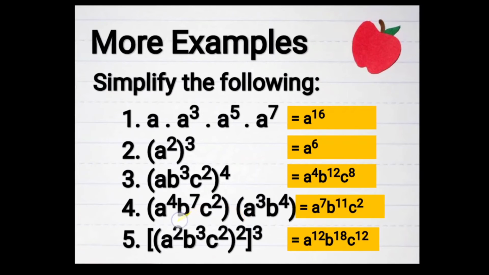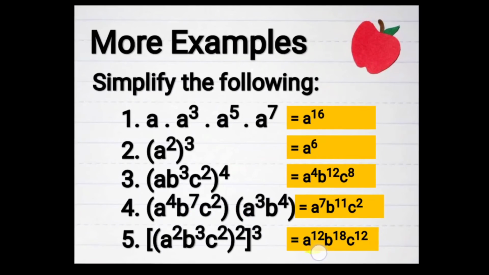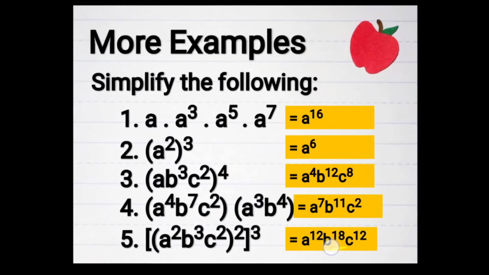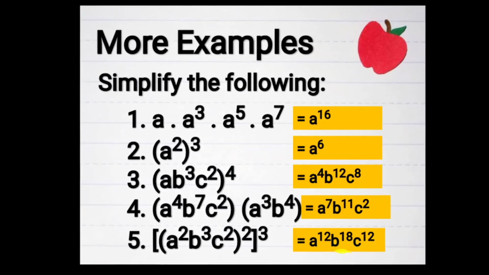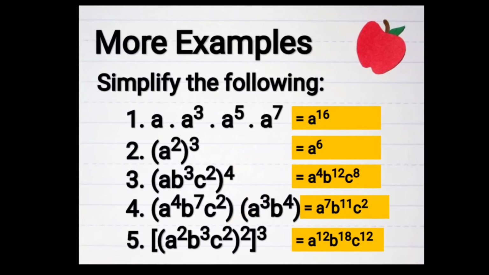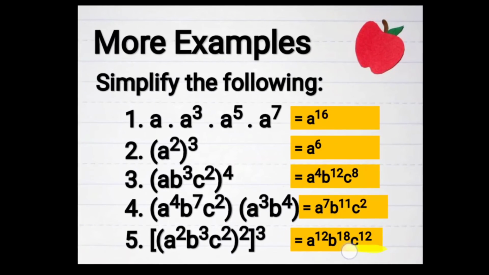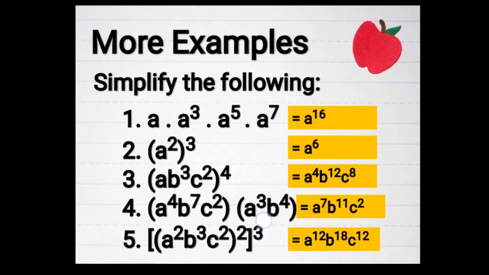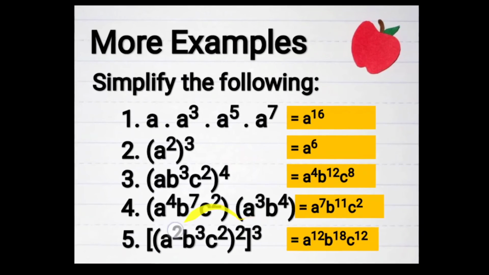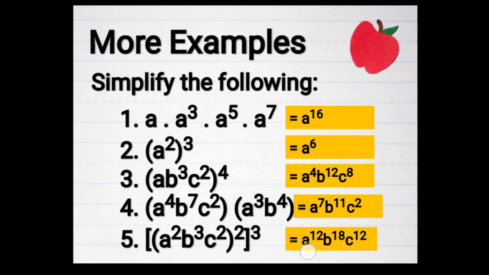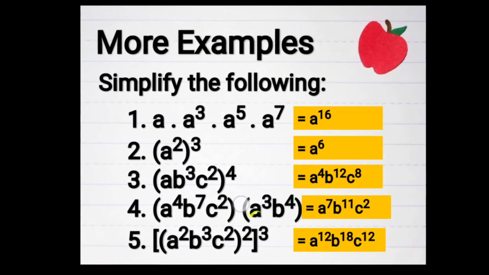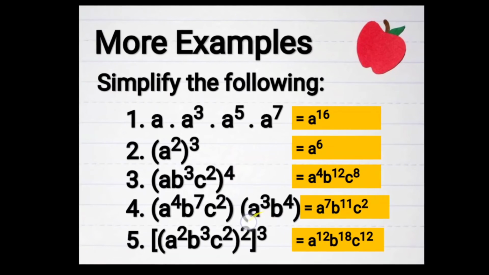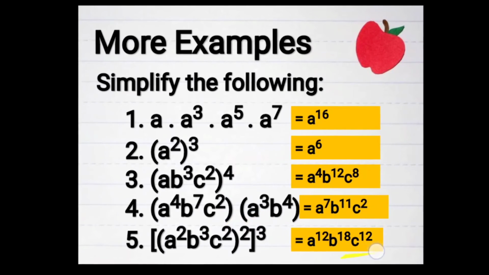So 6 times 2 is 12 for the exponent of A. Then 6 times 3 is 18 for the exponent of B. And 6 times 2 is 12 for the exponent of C. Or simply, 3 times 2 is 6 times 2 is 12. 3 times 2 is 6 times 3 is 18. 3 times 2 is 6 times 2 is 12.